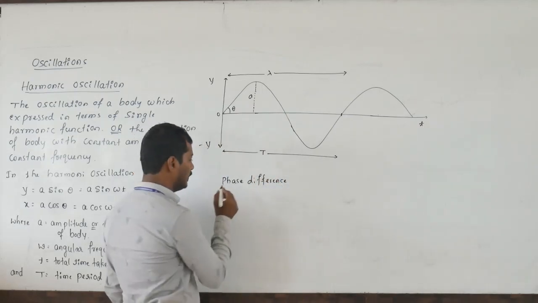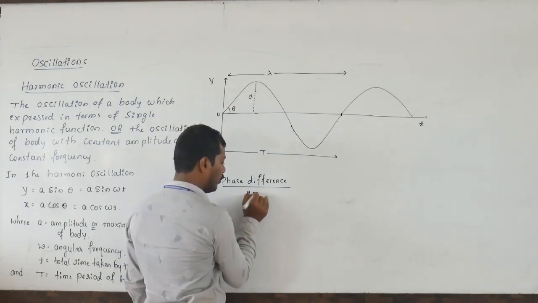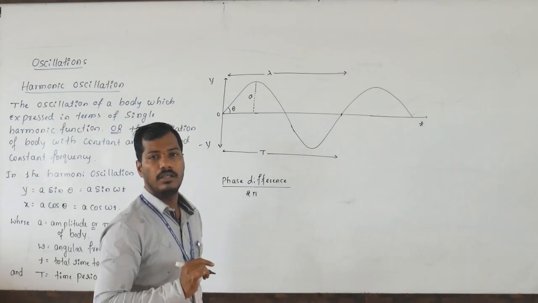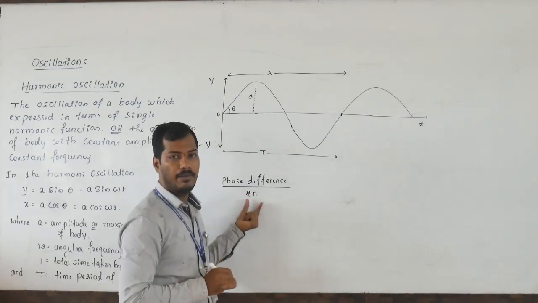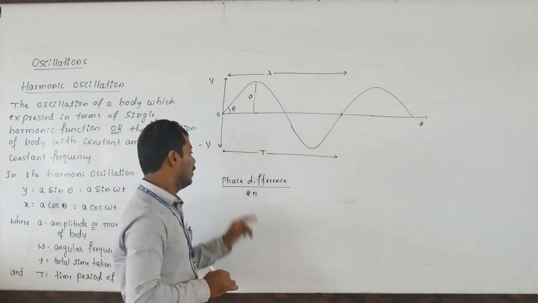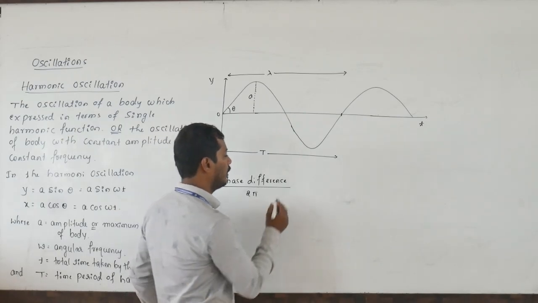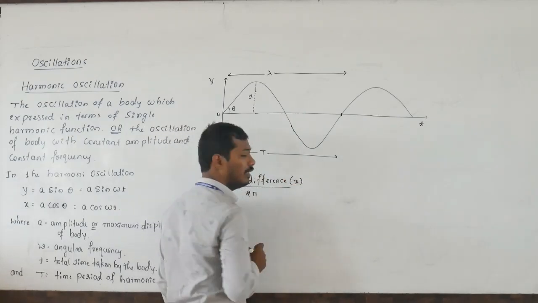The phase difference divided by 2 pi, because for one revolution the angle is 2 pi, or from here to here it is 2 pi. Call this phase difference x or anything; I will take x here.